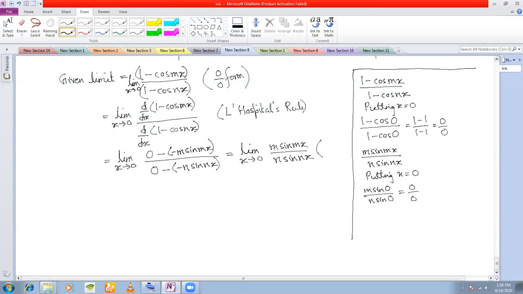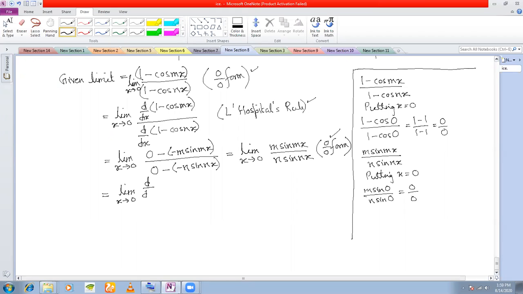This is the first sum that we are getting twice 0 by 0 form. Till now whatever sums we have done, we have applied L'Hospital's rule only once, isn't it? Yes, sir. This time we'll apply L'Hospital's rule twice, because after the first application we are again getting a 0 by 0 form. So we'll apply L'Hospital's rule again.